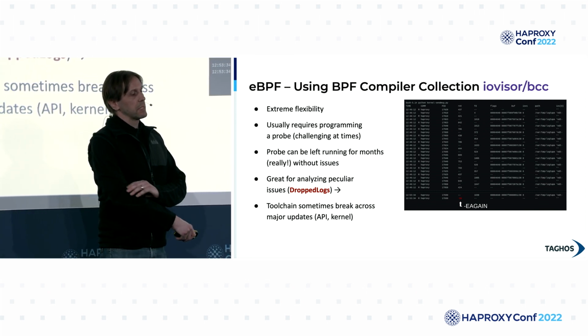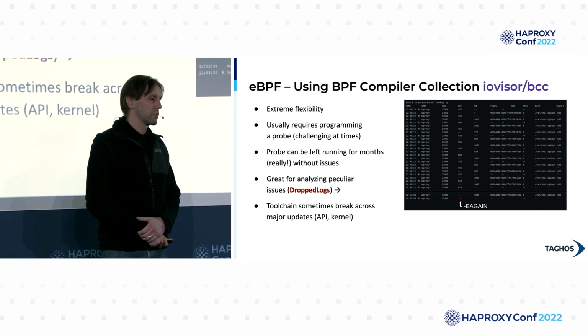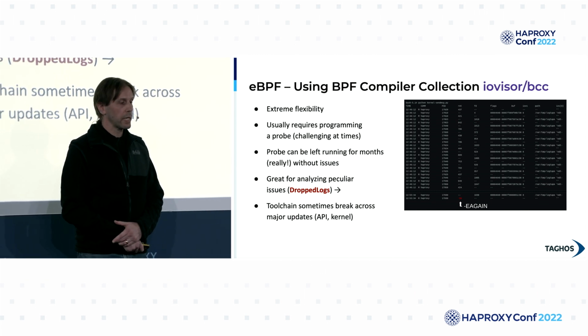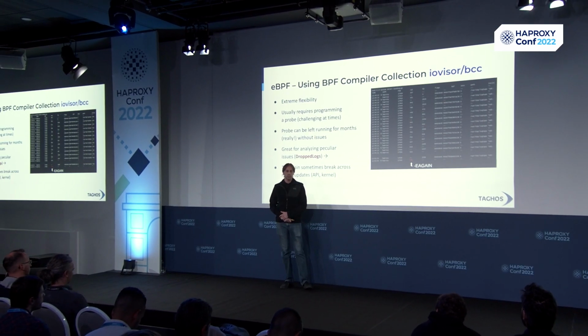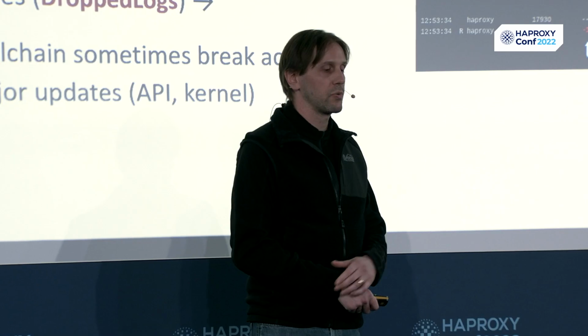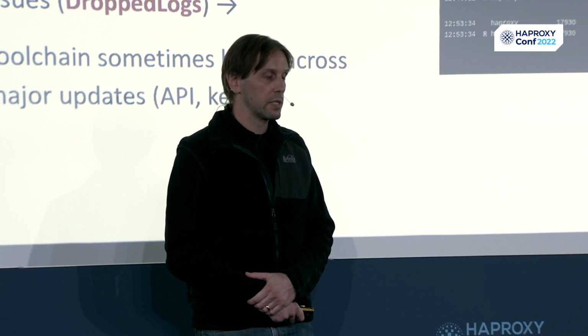And eBPF makes it particularly great for analyzing peculiar issues, such as when we needed to confirm if and why HAProxy was dropping logs when generating access logs. This goes for our billing, so it is quite important for us.